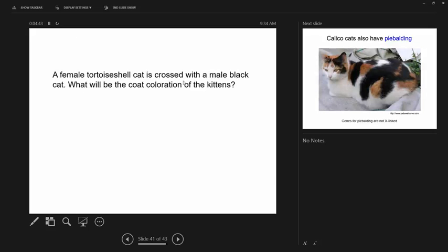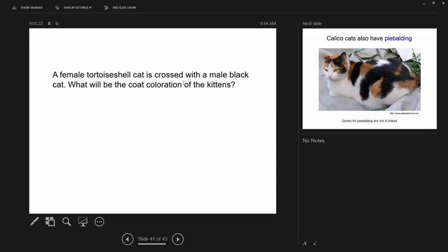All right. A female tortoiseshell cat is crossed with a male black cat. What will the coat coloration of the kittens be? So the female is going to be XX, and she is tortoiseshell, so X plus and XO.